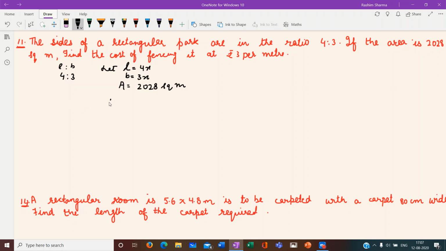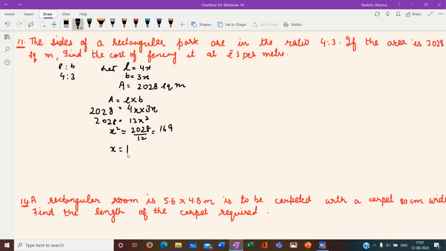So if we find the area by using the formula length into breadth, we get 4x into 3x. We put the value of area 2028 here. So 2028 is equal to 12x square. So we get x square as 2028 upon 12, that is equal to 169.